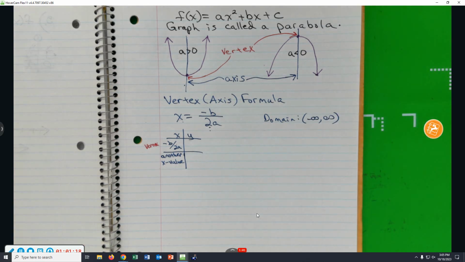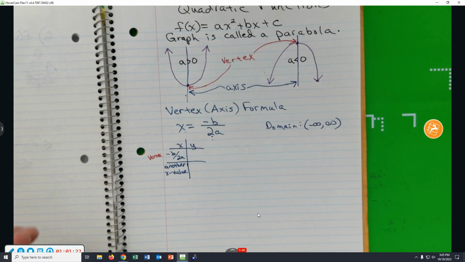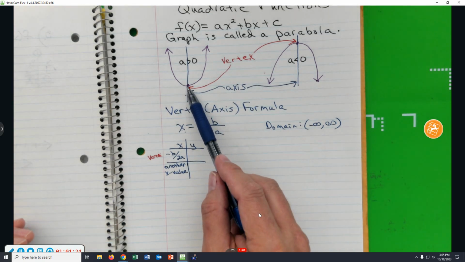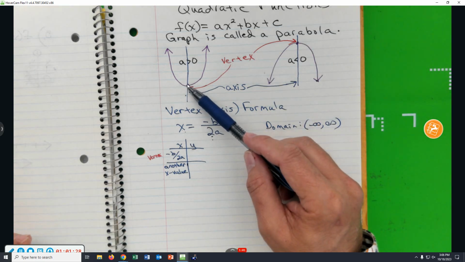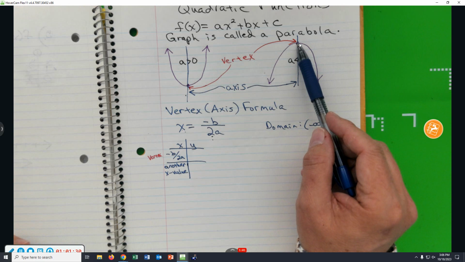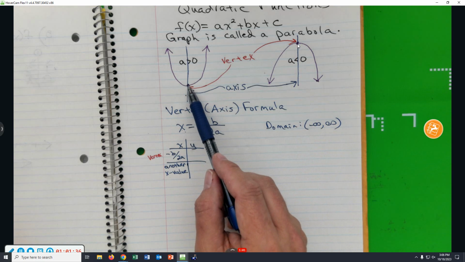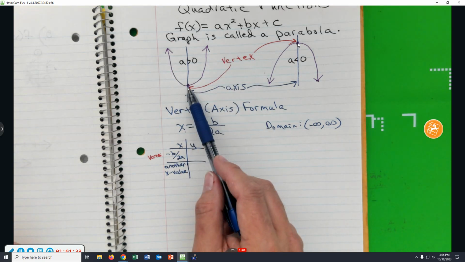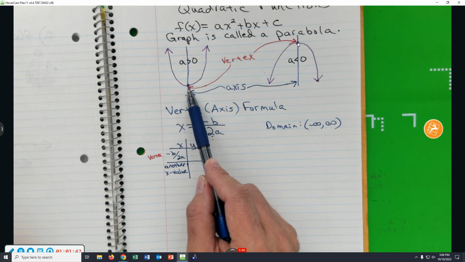For the range, you have to look back at the vertex. The vertex is either going to be the lowest point on the graph, which is a minimum y value, or the highest point, which corresponds to the maximum y value. If the parabola is opening upward, that y value there at the vertex is the smallest y value on the graph.